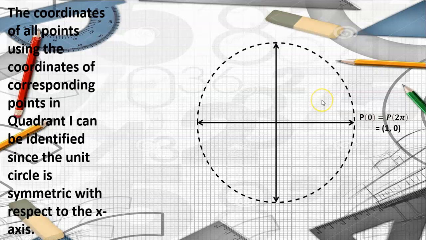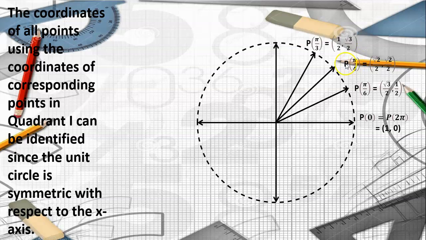At P of 0, or equal to 2 pi also, the coordinates are 1 and 0. And then at P of pi over 6, we have square root of 3 over 2 and 1/2. At P of pi over 4, we have square root of 2 over 2. And then at P of pi over 3, we have 1/2 and square root of 3 over 2.